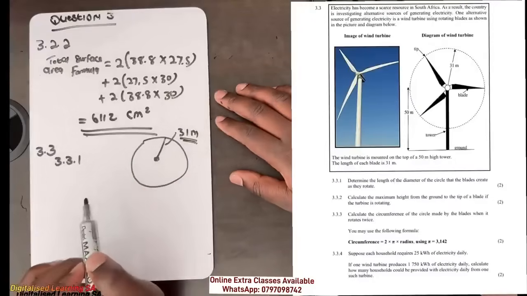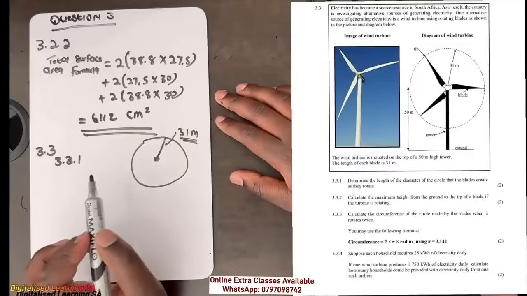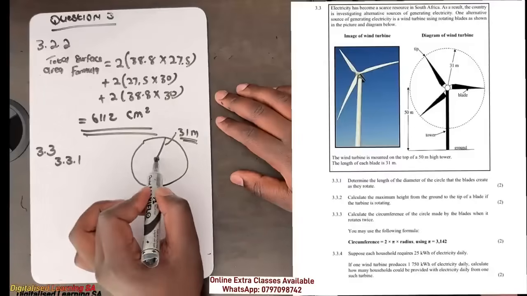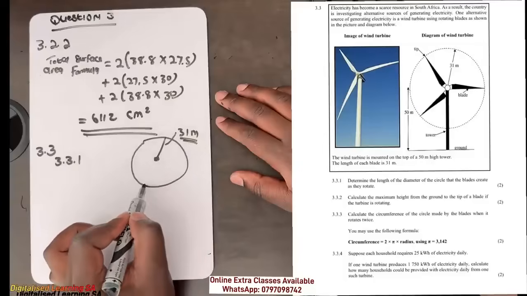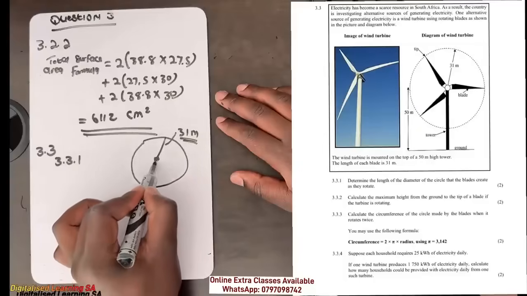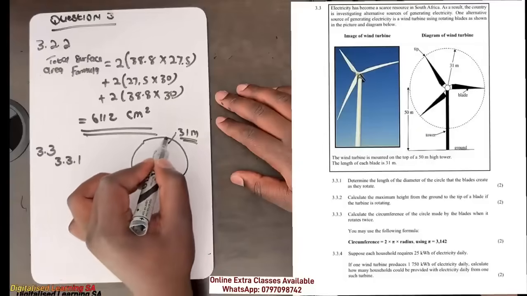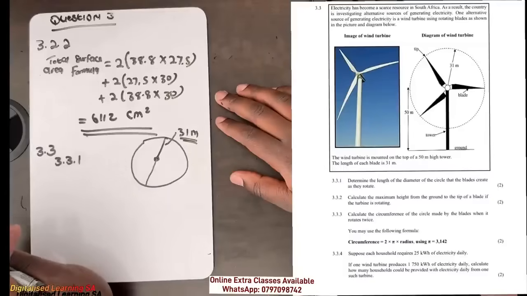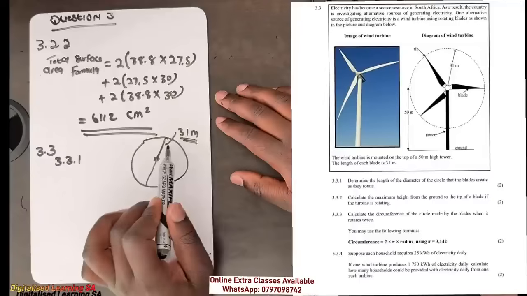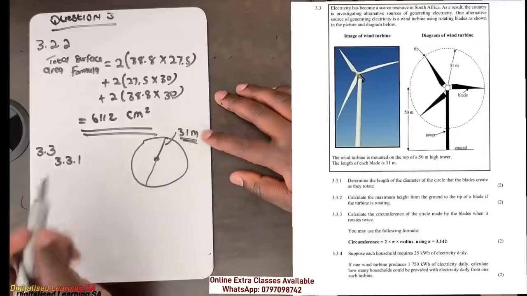Guys, this is our radius. Remember that our radius is any line from the center to the edge, and our diameter is any line from one edge to another edge through the center. Meaning that if we have our radius and we need to determine our diameter, we just multiply our radius by 2.